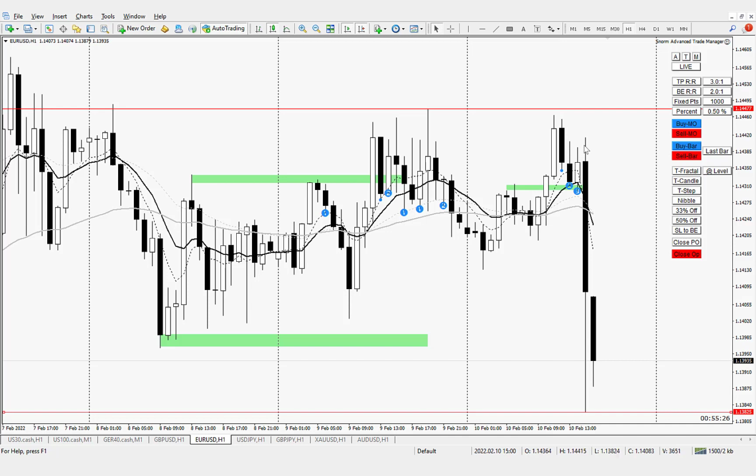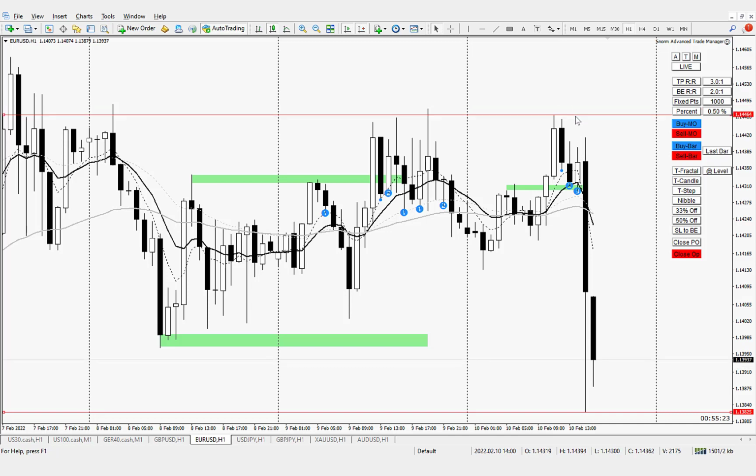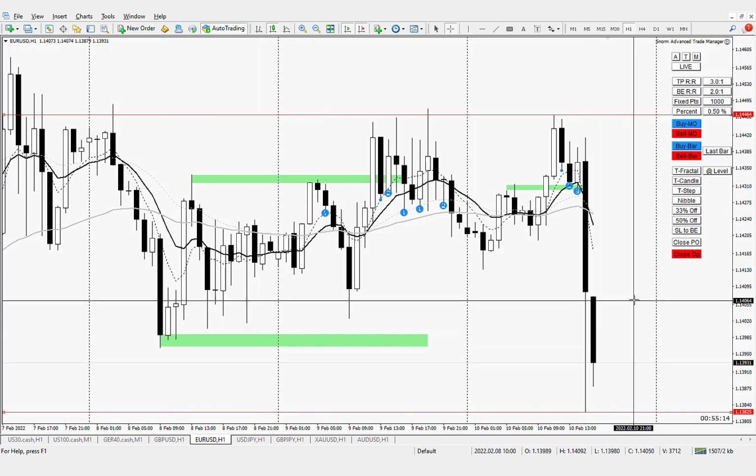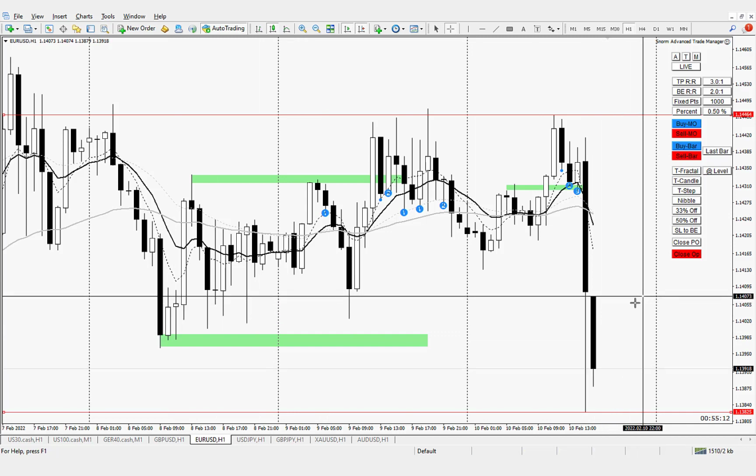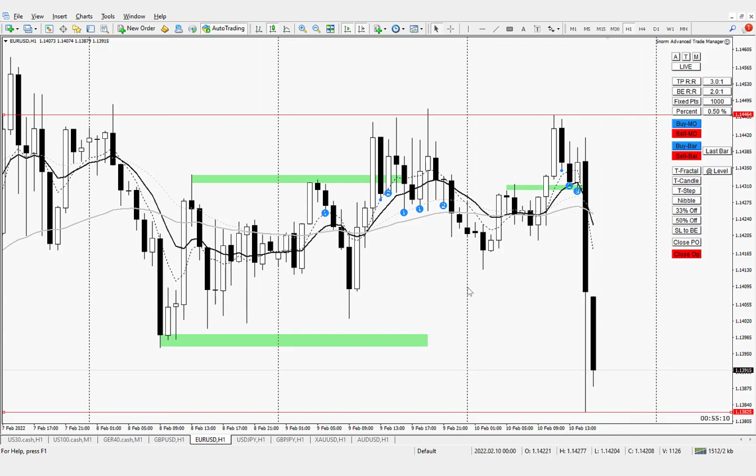I will choose this one because this is just one candle, and I will move my high up there. So now if it pulls back because it's broken previous lows, we could have a signal on this, and that's how I mark my swing highs and swing lows and move them.